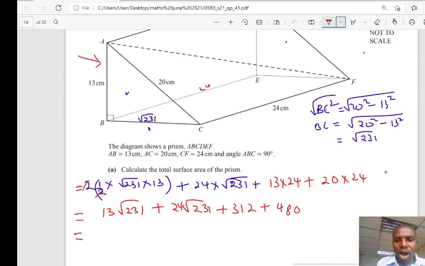Then you get 1354. To three significant figures, because the actual answer is 1354.35, you look at the next digit, you add nothing, so it's 1350. Done.